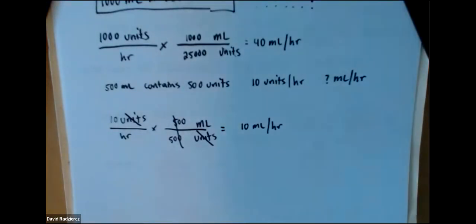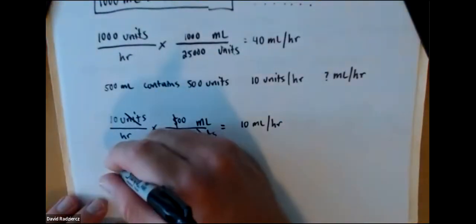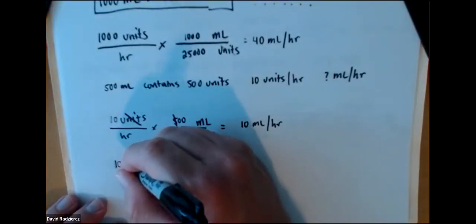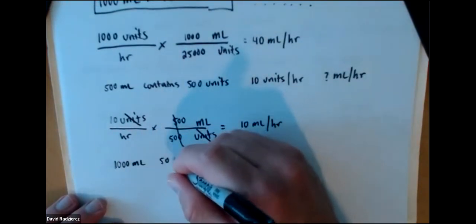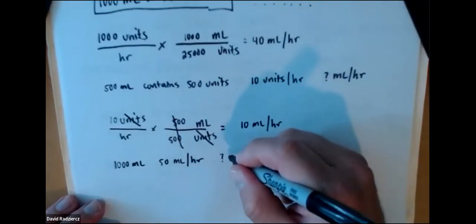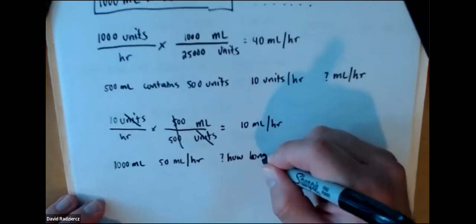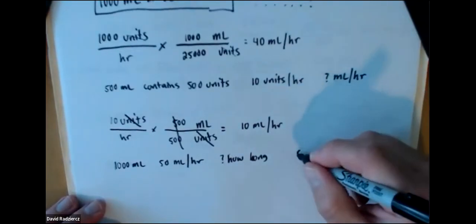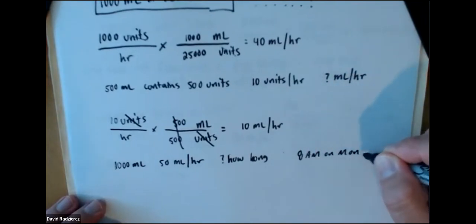Or sometimes it's in standard time, and so you can read the question and see what it says. But it tells me we have a 1,000 milliliter IV infusing at 50 milliliters per hour, and I want to know how long. And if it starts at 8 a.m. on Monday, when will it end?